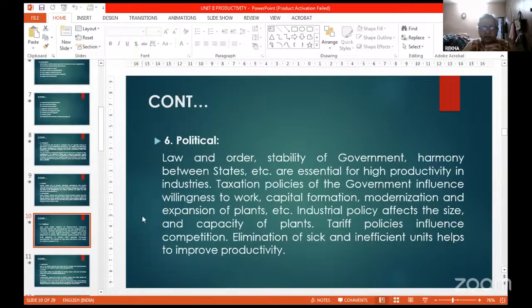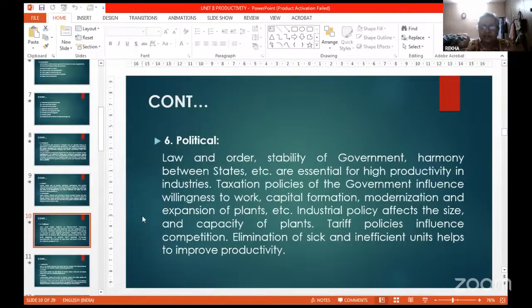Sometimes if a government wants to develop somewhere, it gives you so many facilities, like decreasing the tax, making facilities available, selling you land at a lower price, and things like that.